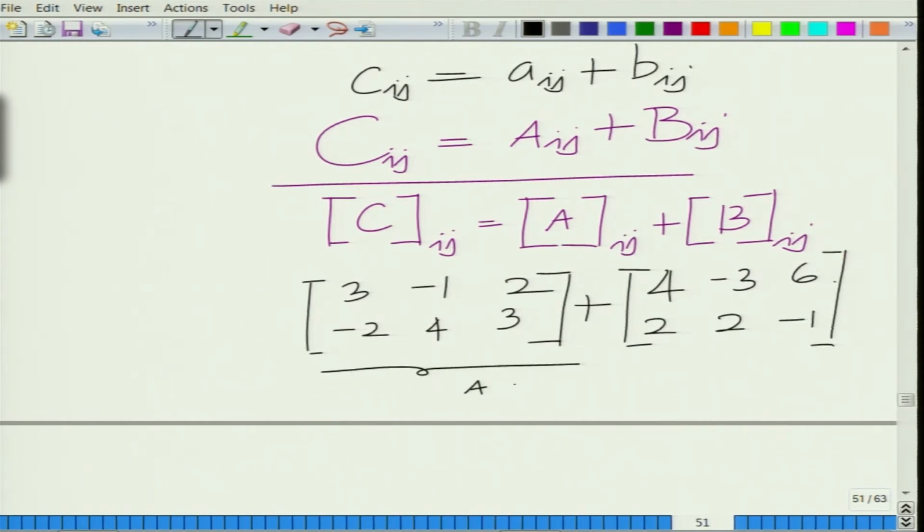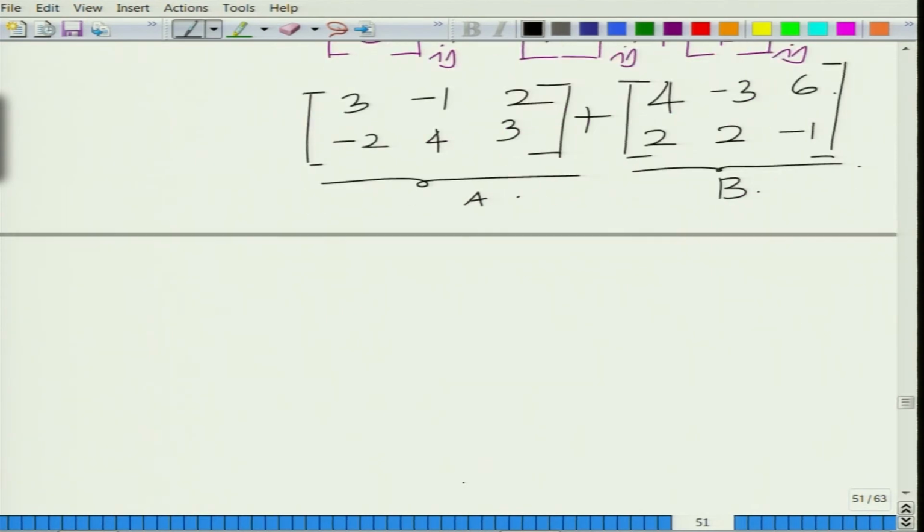So, this is your A, this is your matrix B. You can see these are both 2 cross 3 matrices.